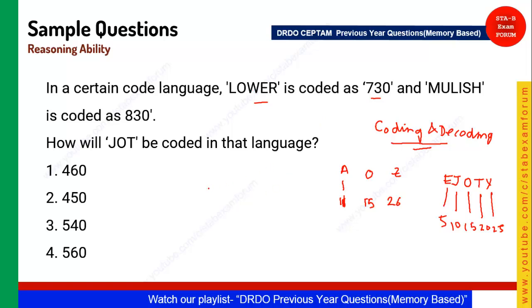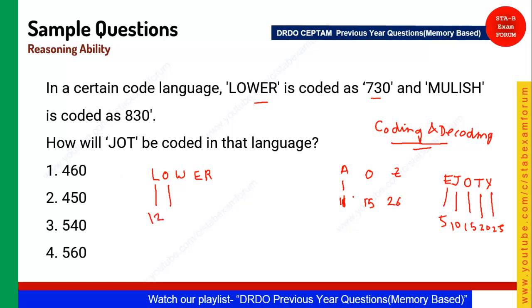So let's decode this. The first coded word is LOWER. Let's draw the dependency between this and positional dependency. So L is what? You know J is 10, so J, K, L. If you add 2 you will have the position of L, which is 12.